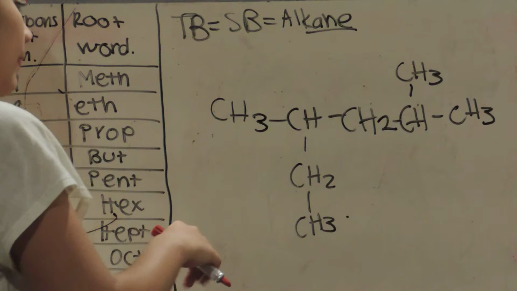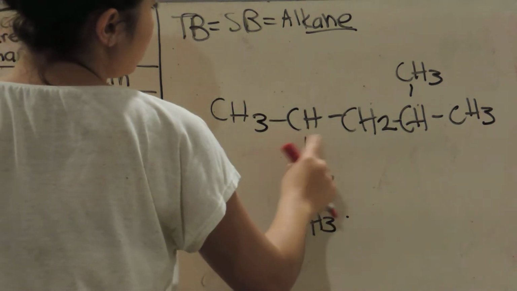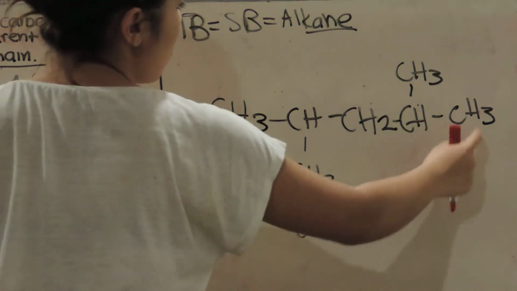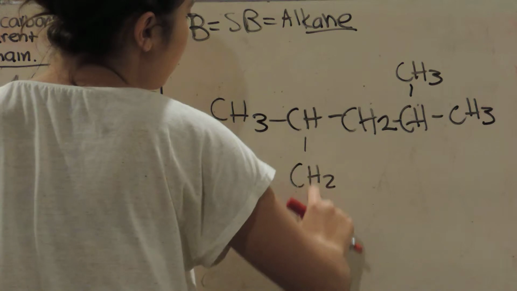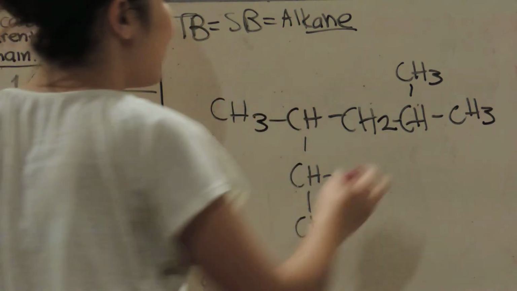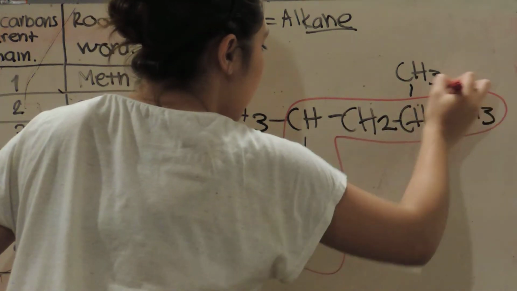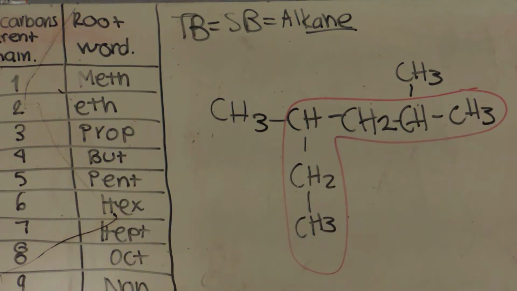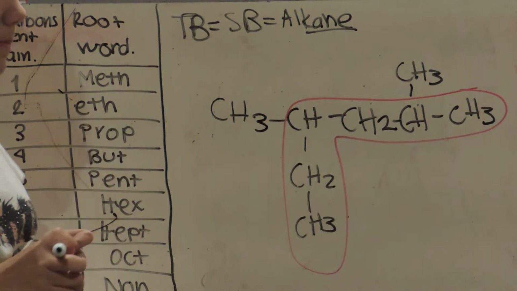So, the parent chain that we are going to identify is the longest one. So, these have 1, 2, 3, 4. 1, 2, 3, 4, 5. 1, 2, 3. Or it can be 1, 2, 3, 4, 5, and 6. So, the longest chain in this structure is this one. Once we identify the longest chain of carbons, we need to number them.